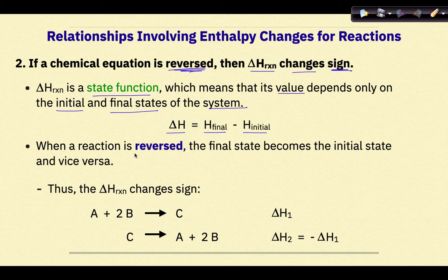When a reaction is reversed, the final state becomes the initial state and vice versa. Thus, the delta H of reaction changes sign. So let's say we have A plus 2B yields C with a delta H of 1. If we reverse this, where C is now my reactant and A and 2B are now my products, my new delta H2 is going to be the negative of delta H1.